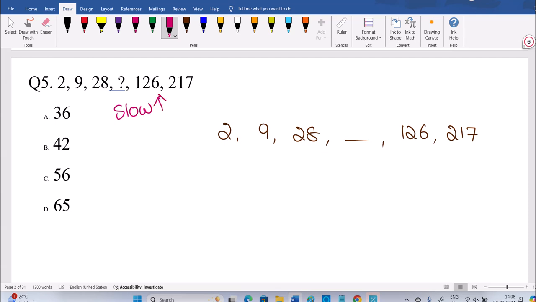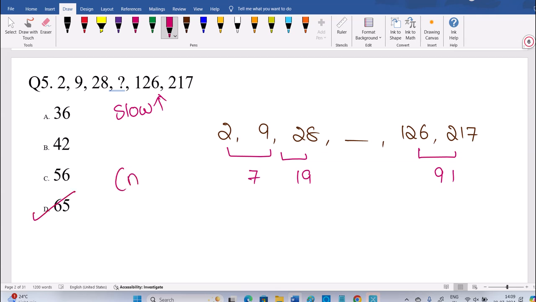Here the difference is 7, here the difference is 19, here the difference is 91. Then again taking 7, 19, 91, there is no connection. You would need to take differences again and proceed, but here the middle data is not there, so it will be a bit tricky. But see the logic actually.